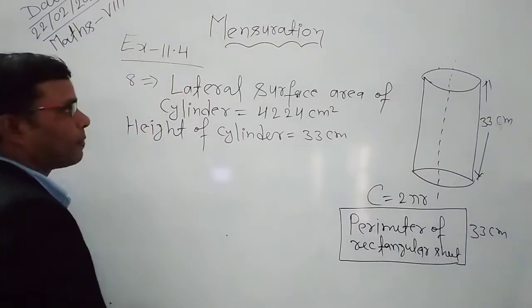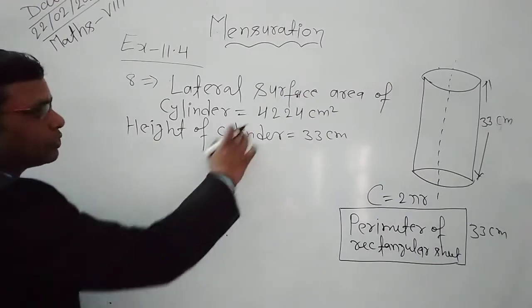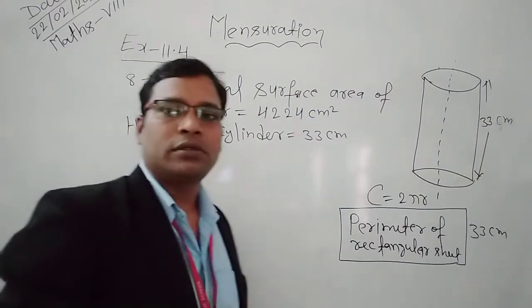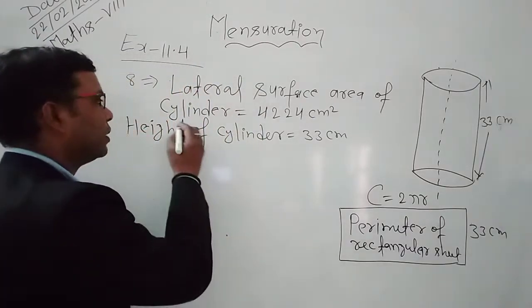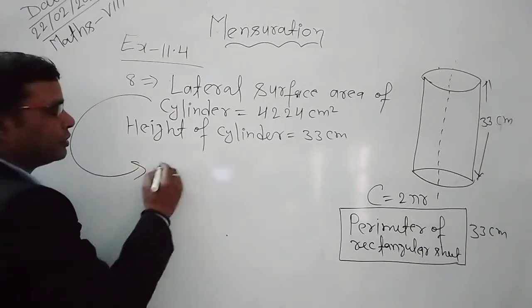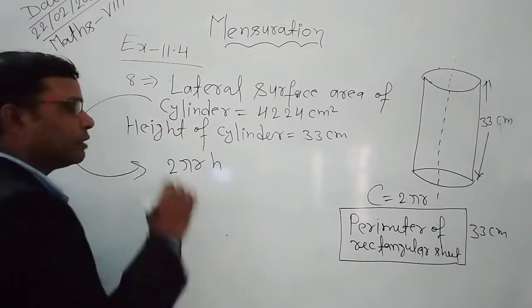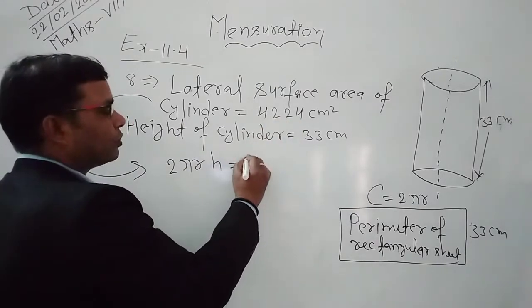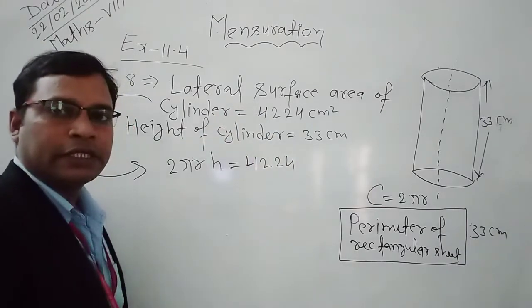So this is given, the lateral surface area of cylinder is equal to 4224. You can write here the lateral surface area of cylinder is equal to 2πrh, and this is given as 4224. This is clear.